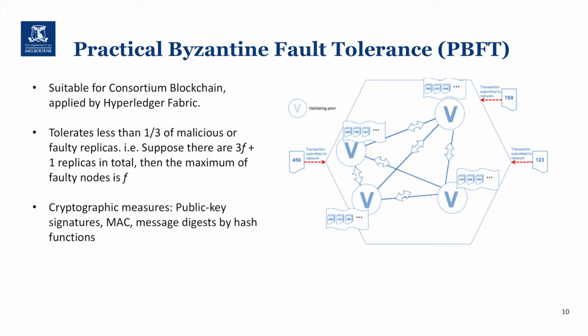That is, suppose there are 3f+1 replicas in total, then the maximum number of faulty nodes is f. And it also makes use of multiple cryptographic measures, such as public key signatures, MAC, and message digests by hash functions.